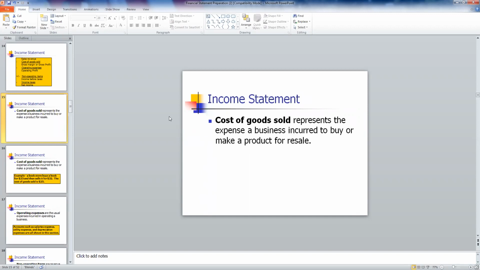If I'm a manufacturing company, Dell Computer, Apple, Tesla, I have a cost of goods sold, which is based on the cost I incur to make the product that I resell to others. Service companies don't have cost of goods sold or cost of sales because they're not reselling tangible items to their customers. So we don't have to worry about that for service companies.